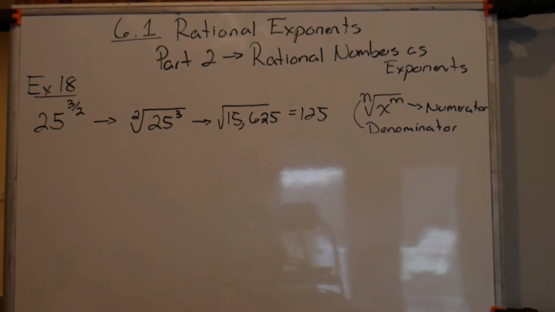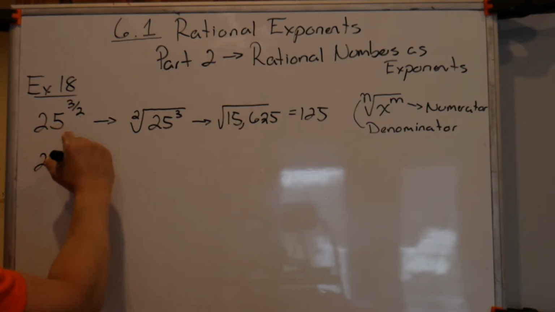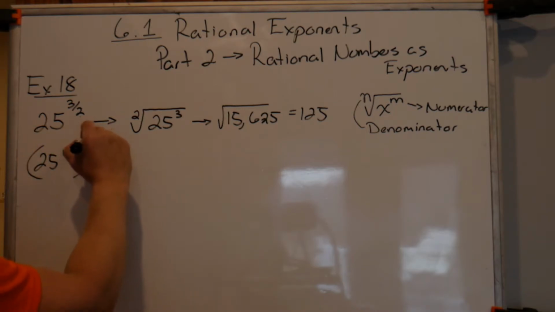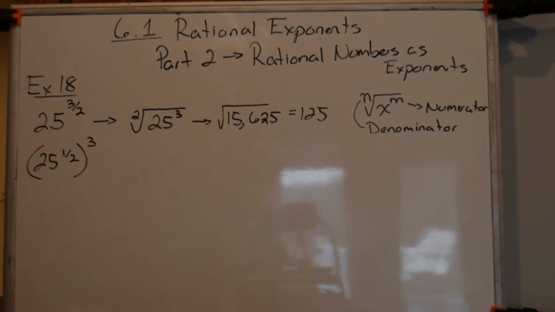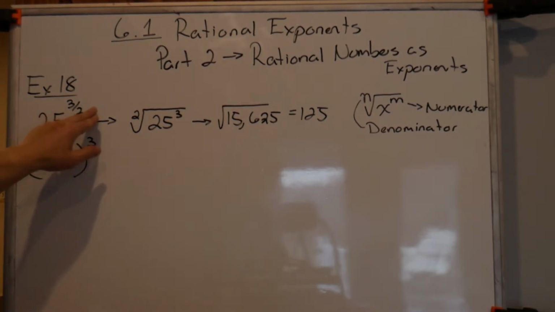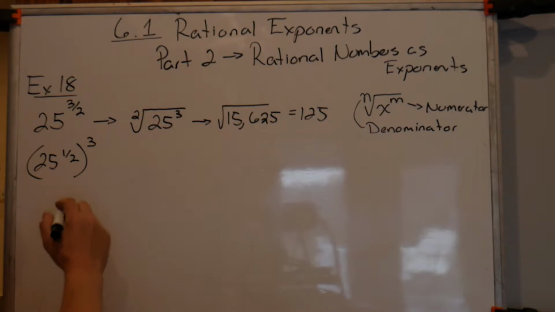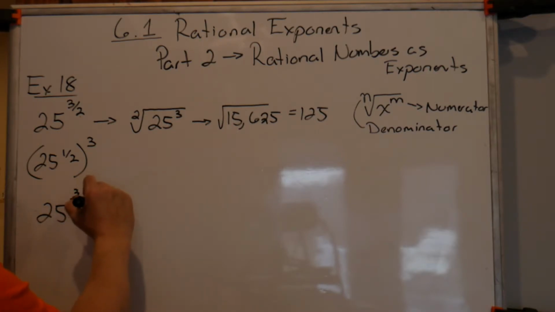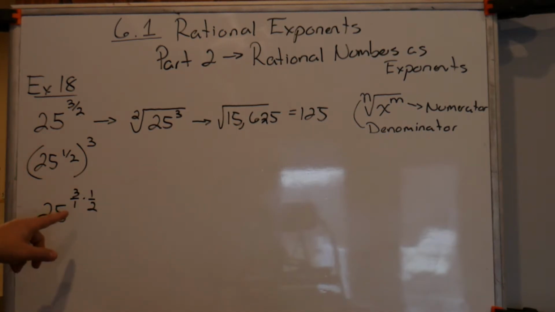However, what they'll want us to do in this case is think of it this way. I have a half times 3/1. I can even write this out. We could say 25 to the 3/1 times 1/2. Well, I can apply that half and say 25 to the 1/2 cubed.